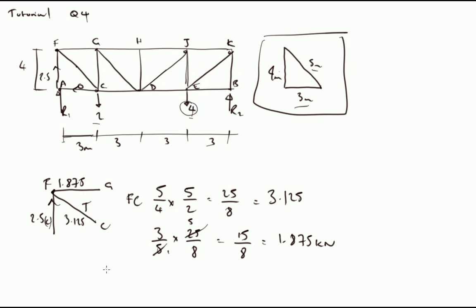Okay, so we will now work through. I think the next one to look at is joint C. Let's put that up here. So joint C has a component CG, Fc, which we know.